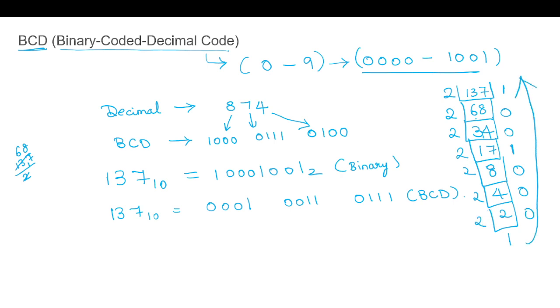So in this way you have to write, and this is 10000010 in binary for 130.